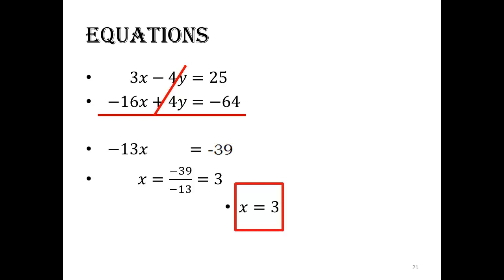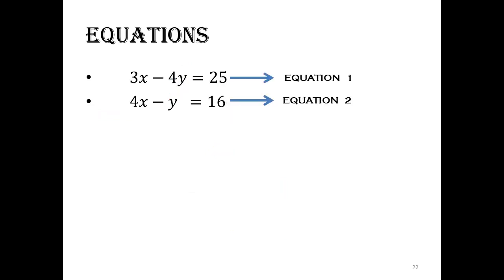Now we will plug in this x in any one of the equations, either in equation 1 or in equation 2. Right now I am going to put this value in equation number 1.